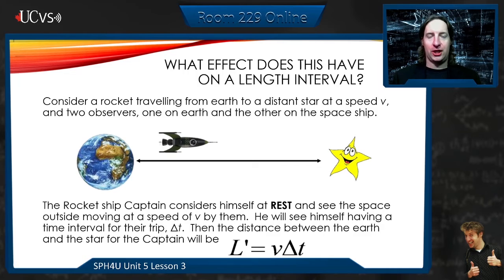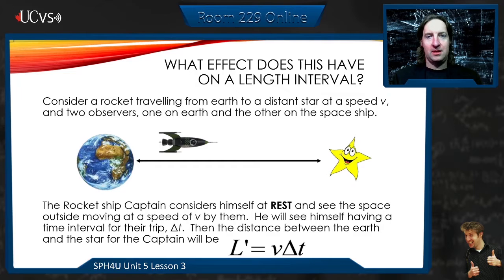Just like if you're inside a car, it looks as though the road is moving past you. But from the frame of reference of those objects, you look like you're going in the opposite direction. So from inside that spacecraft, he'll see himself traveling some time interval delta t.